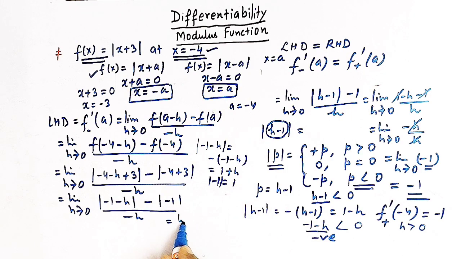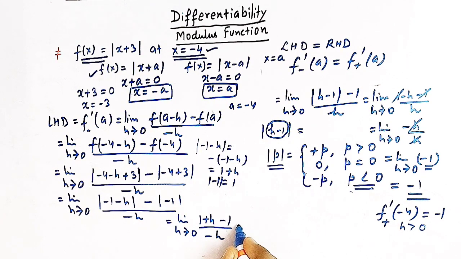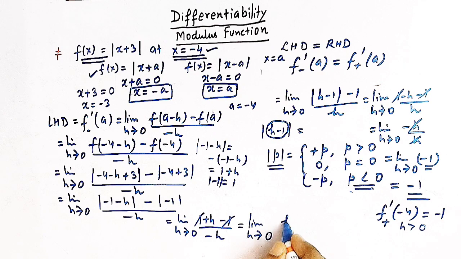So now this limit is limit h tends to 0 of 1 plus h minus 1 over minus h. Now 1 and minus 1 get cancelled. We have h over minus h, and h gets cancelled.